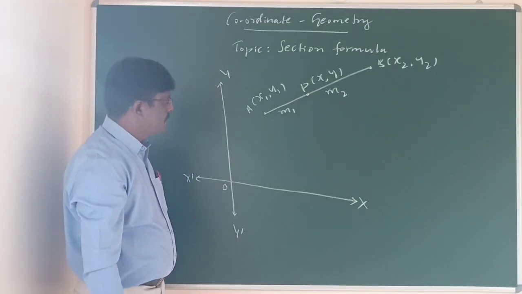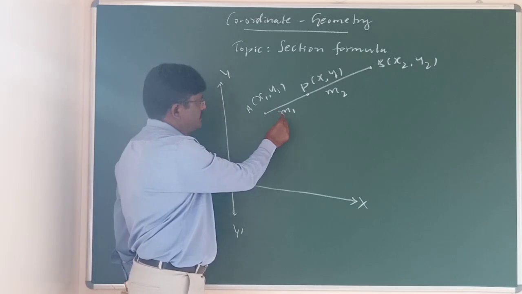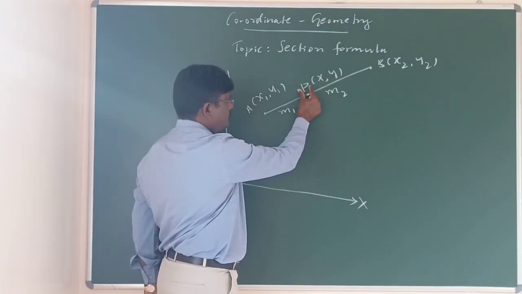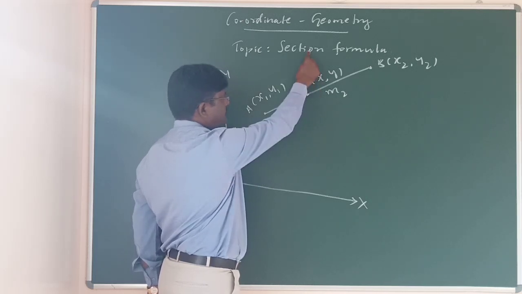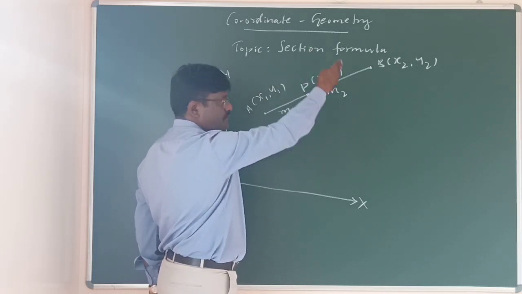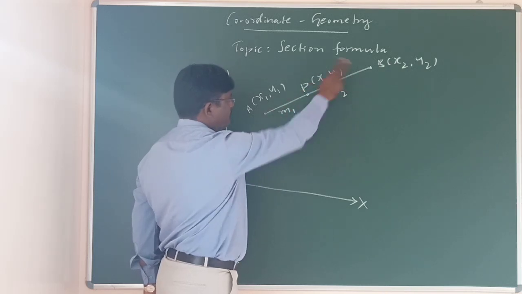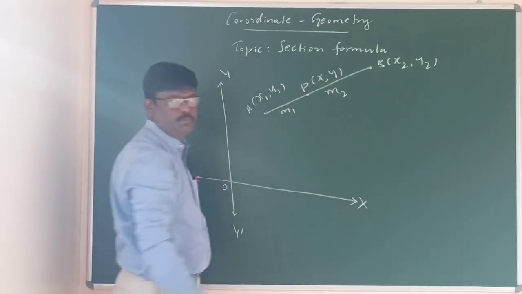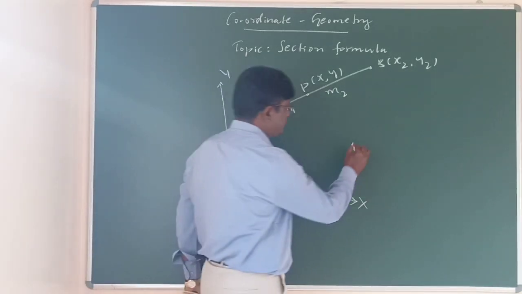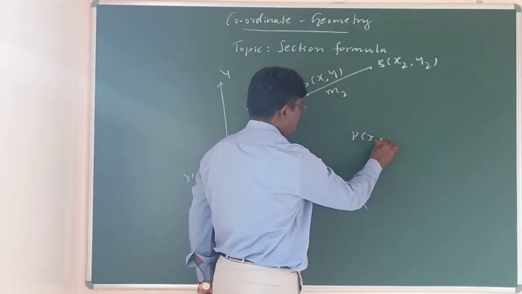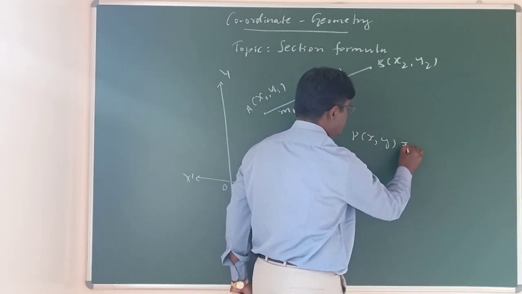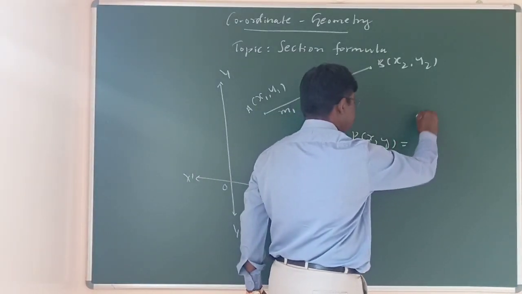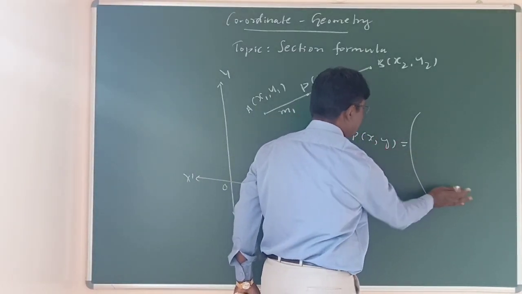Okay, children. Now, how to find the coordinates of the point which divides the given line in the ratio m1 is to m2? That is the section formula. The formula is P(x, y) equals, first the x component.